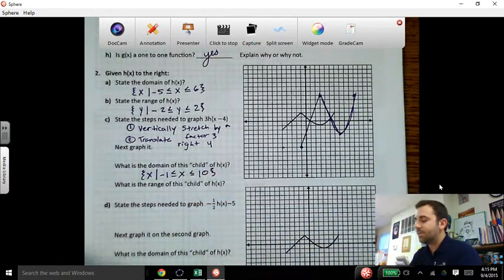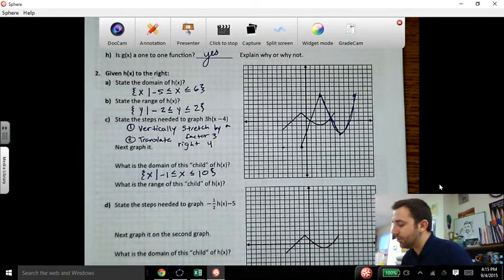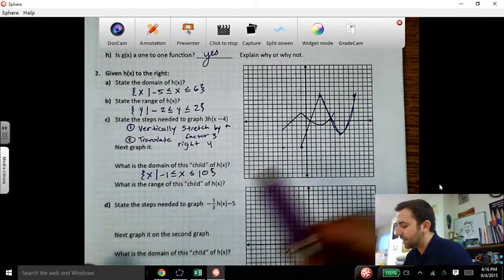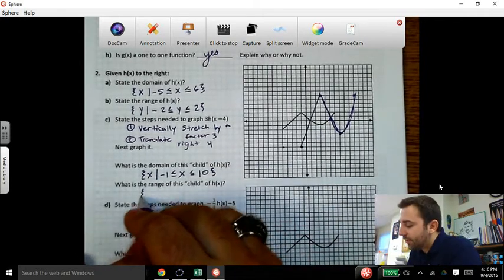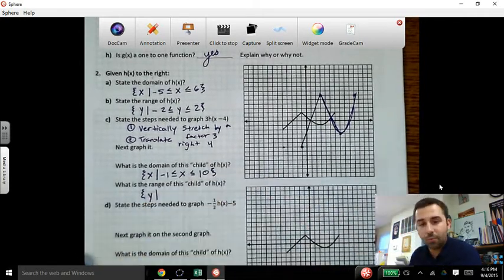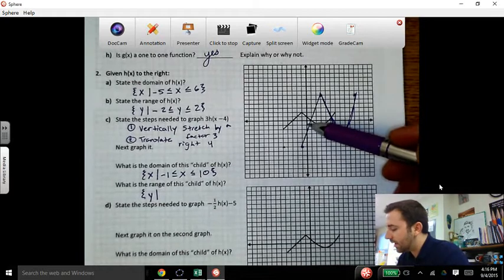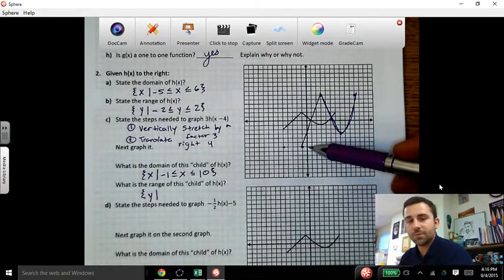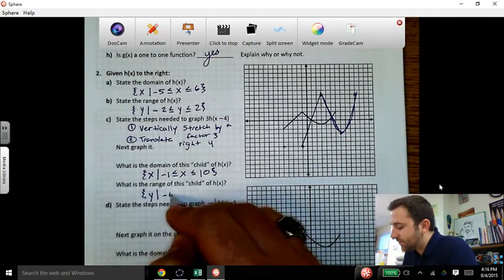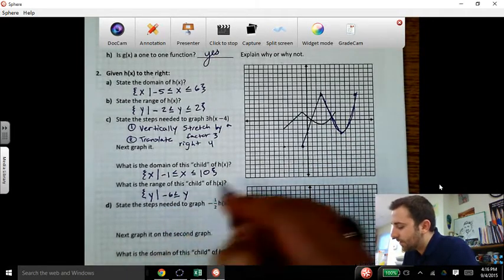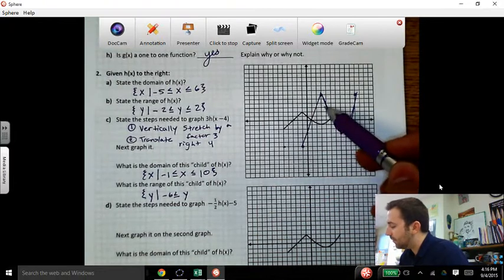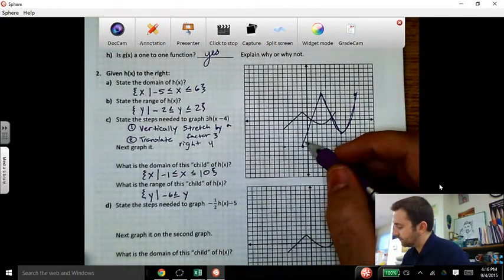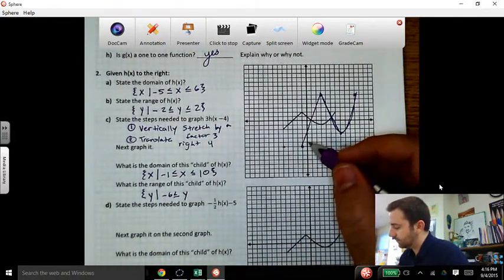Let's keep going with the range. With the range, we're defining it as the y values, and the lowest y value is at a negative 6, with the highest y value at a positive 6.